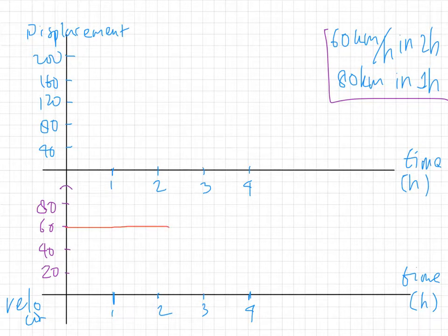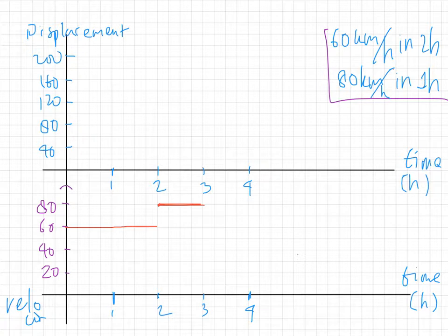And then suddenly it changes the speed. It becomes, sorry, this one should be 80 kilometers per hour in the next 1 hour. So starting from here, it's 80 for the next 1 hour. So it goes like this.